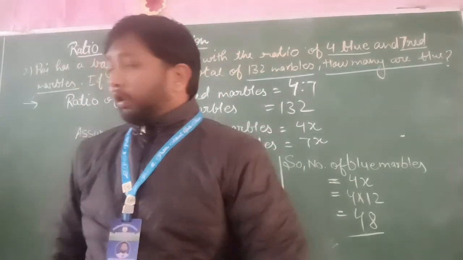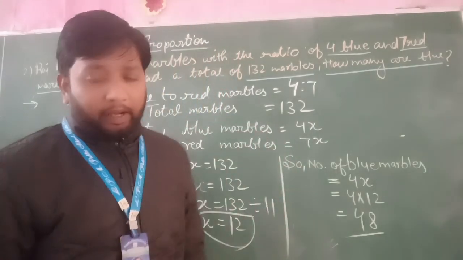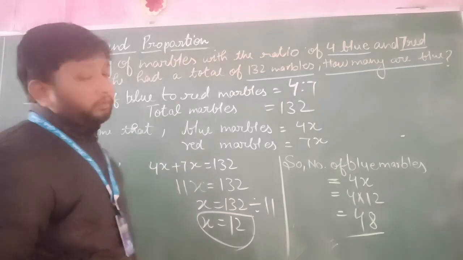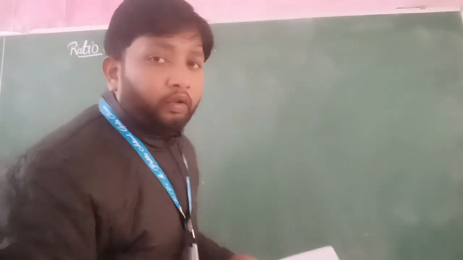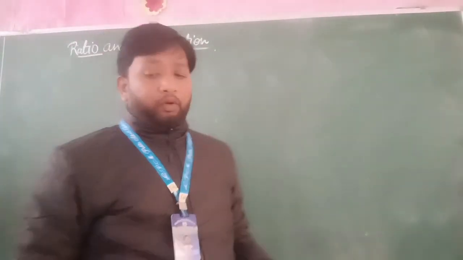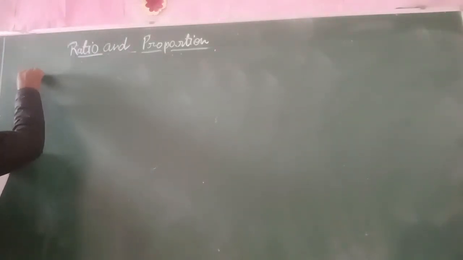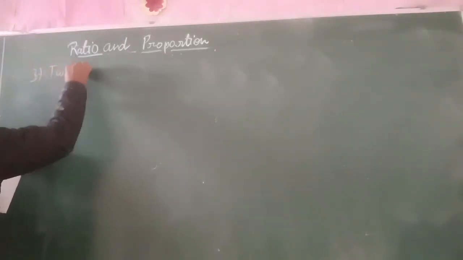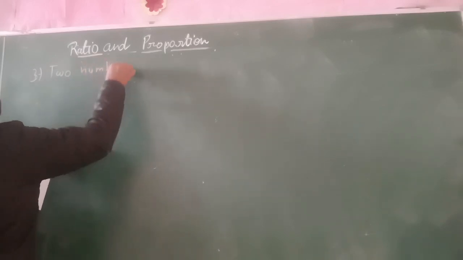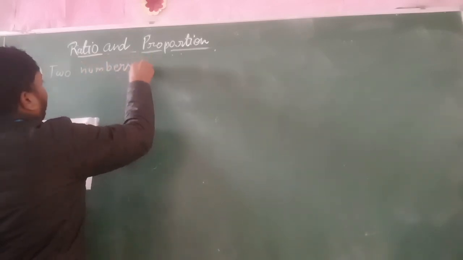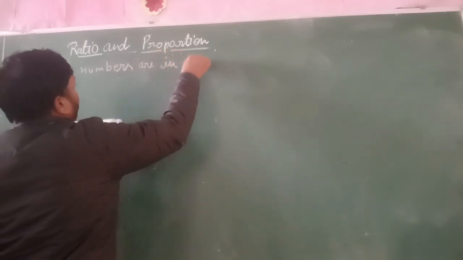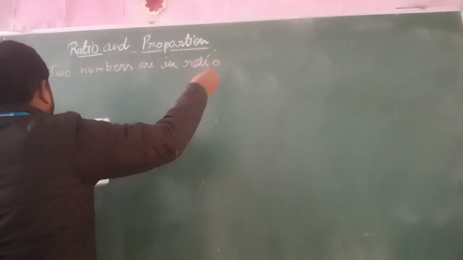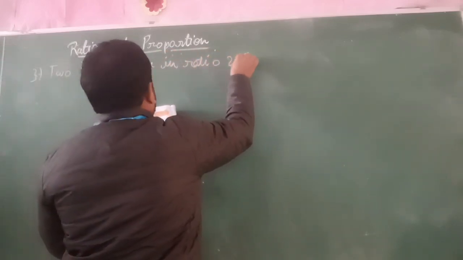So now we do one more question, and there is another question given in the book. I will write the question and solve this, and this will be your last question of the day. So the question is, two numbers are in ratio 2:5.